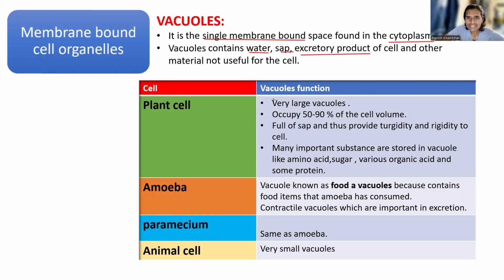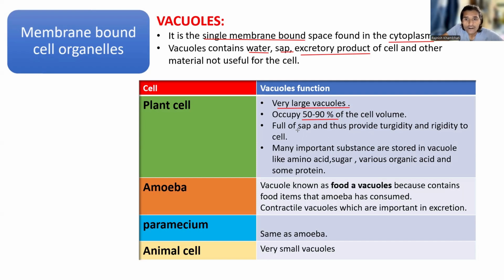In plant cells, the vacuoles are very large in size. Plant cells have large vacuoles that normally occupy 50 to 90% of the cell volume. You can see they are very large from this percentage.